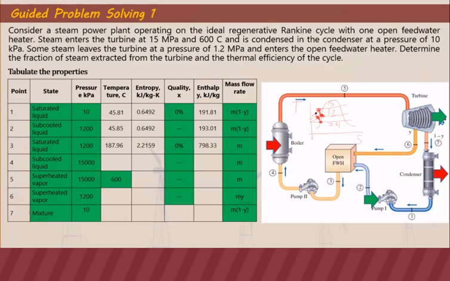It's still in the subcooled region, but the pressure now is the same as that of our boiler, which is 15,000 kilopascal. And since 3 to 4 is an isentropic process, pumping, that's why we have 2.2159 here. So now that we have pressure and entropy, we will use that to compute the unknown quantities.